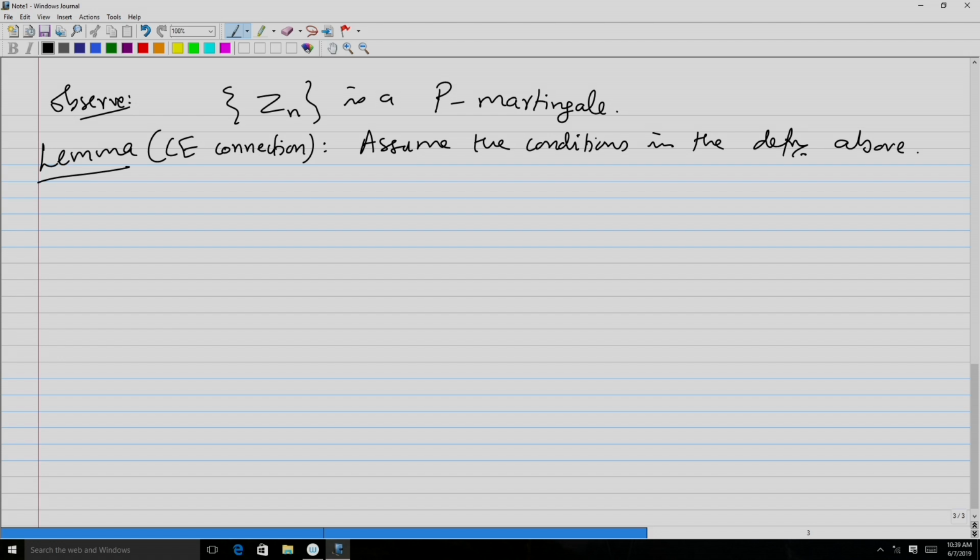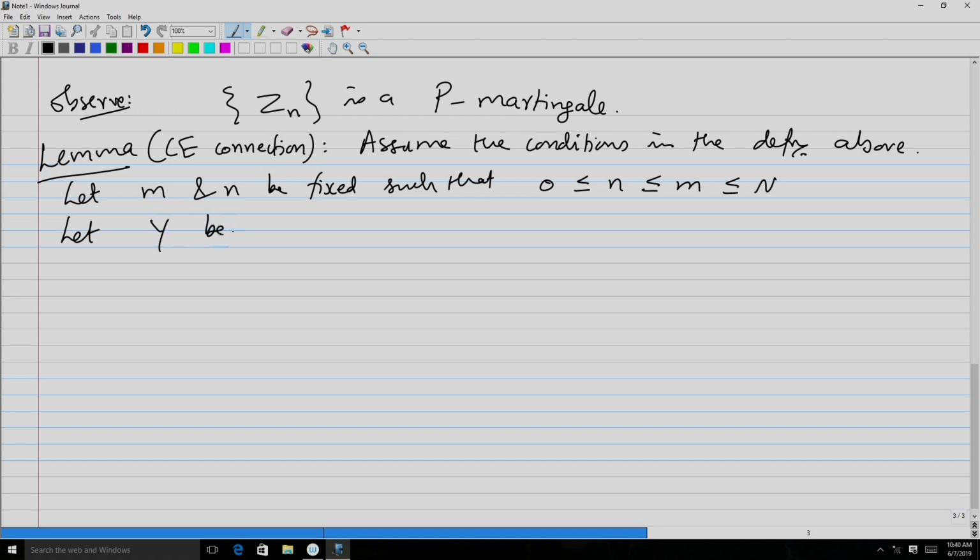Now, you will also fix two quantities. Let m and n be fixed for the moment such that 0 is less than or equal to n, which is less than or equal to m, which is less than or equal to capital N. You will also take a random variable Y, and let this Y be F_m measurable.